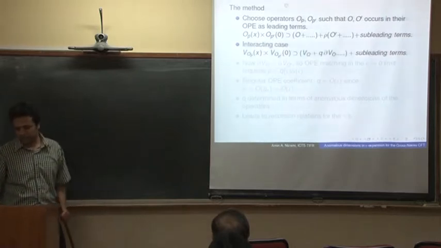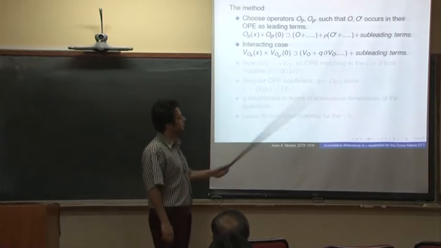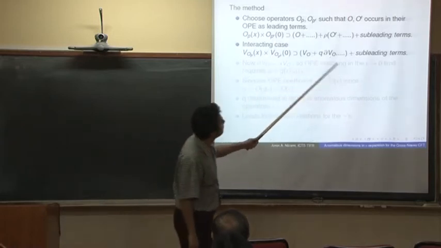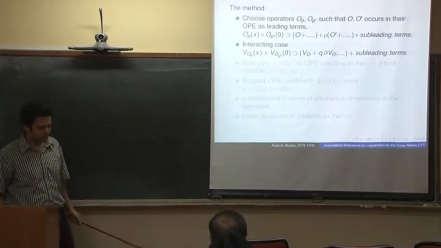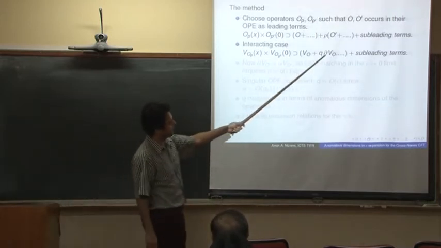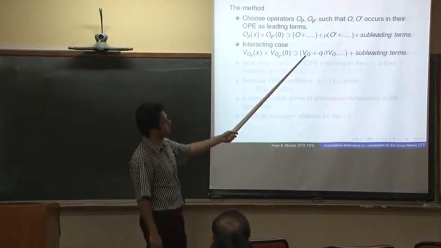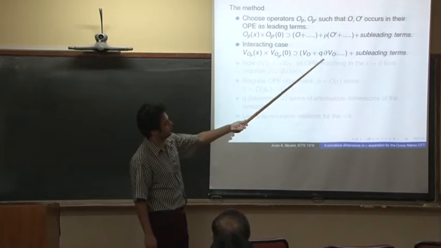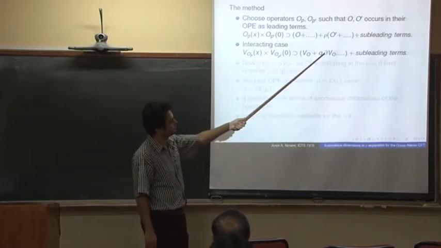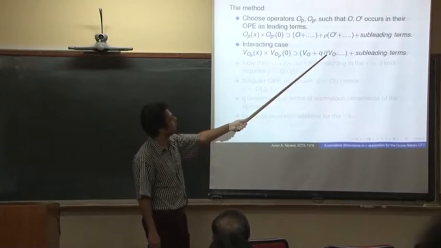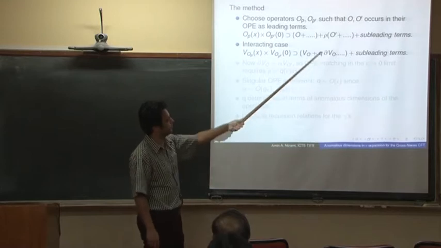Now when you go to the interacting case, remember that V of O prime is now a descendant, so it sits here. When you do the OPE, you have the primary, which is this operator, and then this is its descendant. If you use the equation of motion, which is the multiplet recombination equation, that tells you that you'll get Q alpha times V O prime.